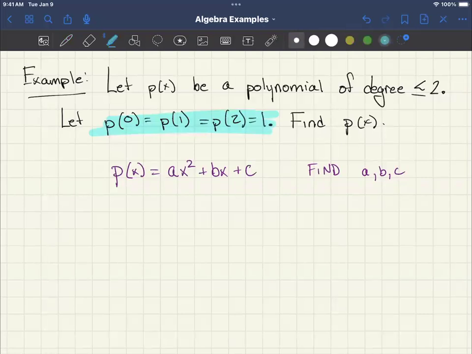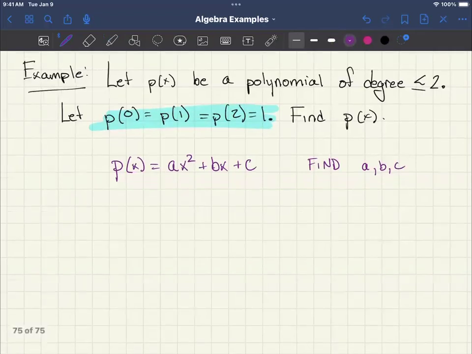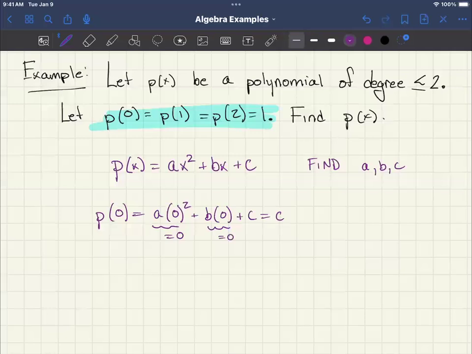So let's start by plugging some numbers in. We're going to start with what happens when we put 0 in for x. We get a times 0 squared plus b times 0 plus c, which gives us c, because anything times 0 is 0.